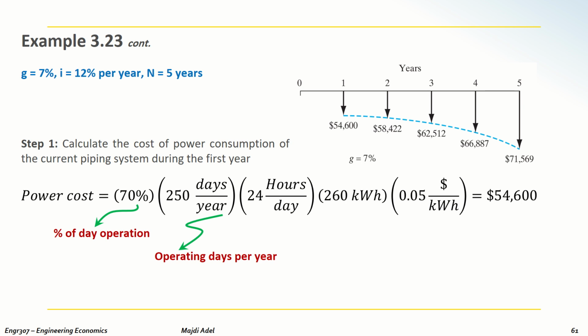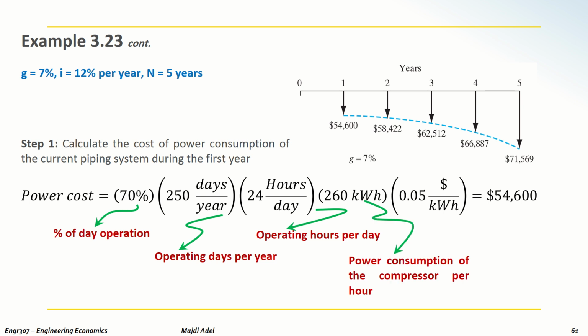If I multiply it by 24 hours per day, then this is how much the compressor is operating hours per day. And I know that the compressor consumes 260 kilowatts, which is the power consumption of the compressor per hour. Okay, then this is the amount of the electricity consumed for 1 year. If I multiply it by $0.05 per kilowatt hour, this is going to be the cost of the electricity in the first year, which is going to be $54,600.